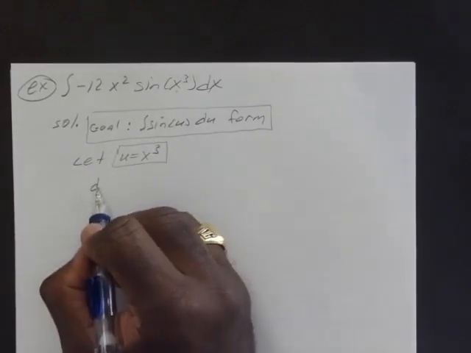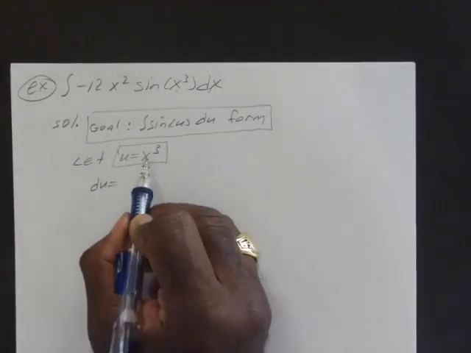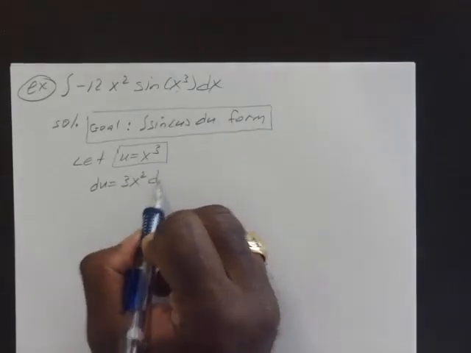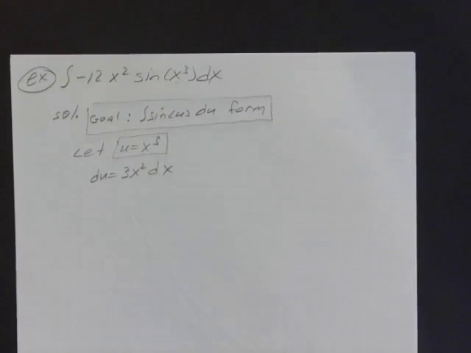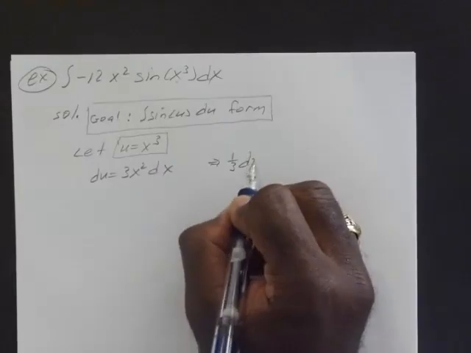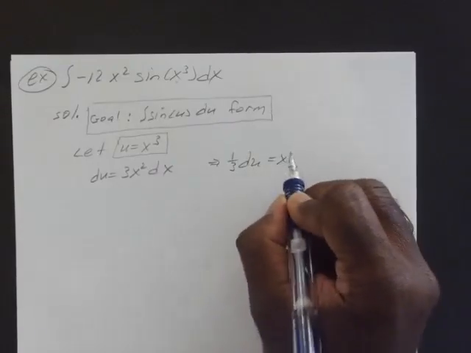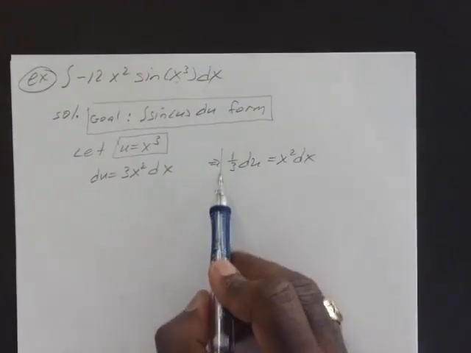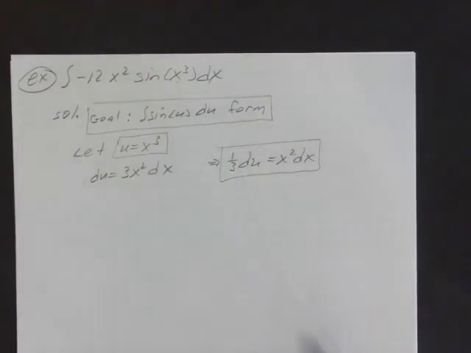Which means our du is equal to the derivative of u, so that's 3x squared with respect to x. So if we divide both sides by 3, we get 1/3 du is equal to x squared dx. And we're going to need that, so we'll highlight that one too.